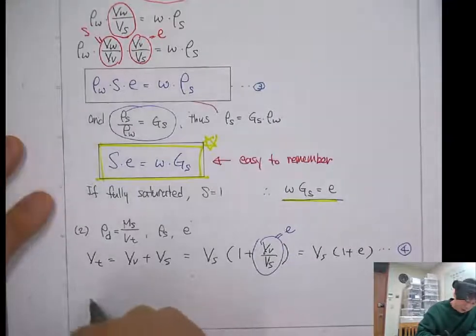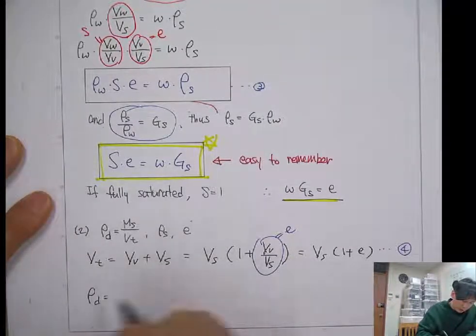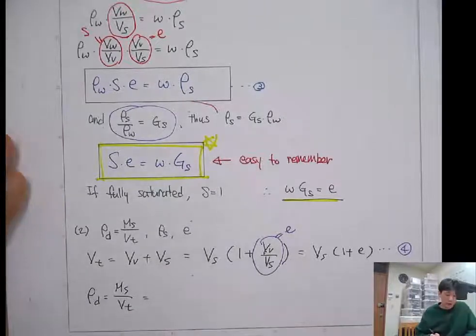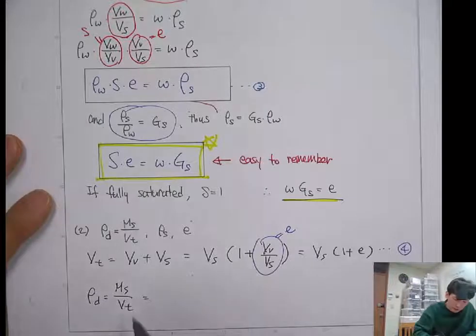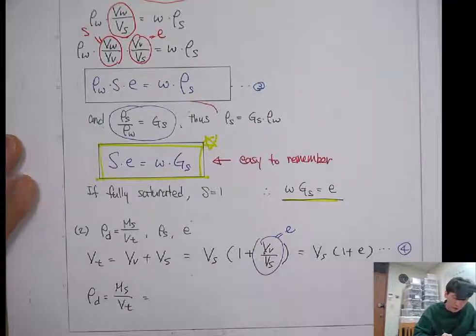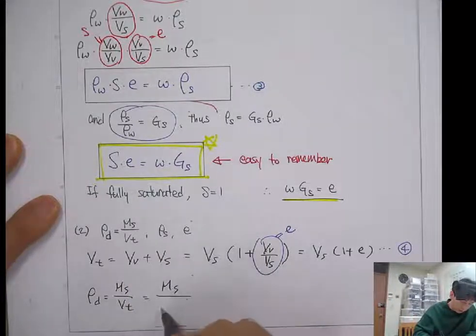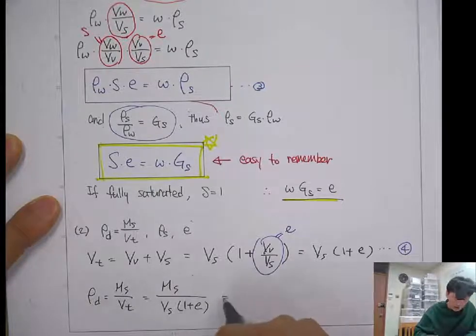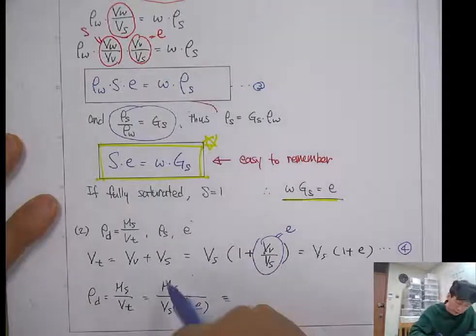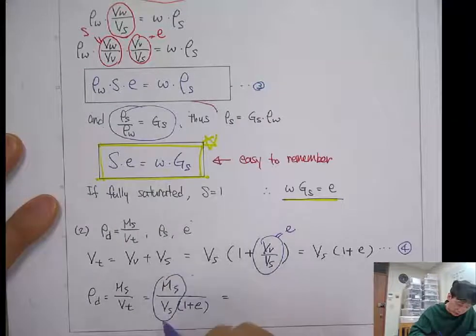So then bring up the dry density definition. Right here, if we replace the total volume with this equation 4, then m s over V s times 1 plus e, then you find that this is the same as rho s.